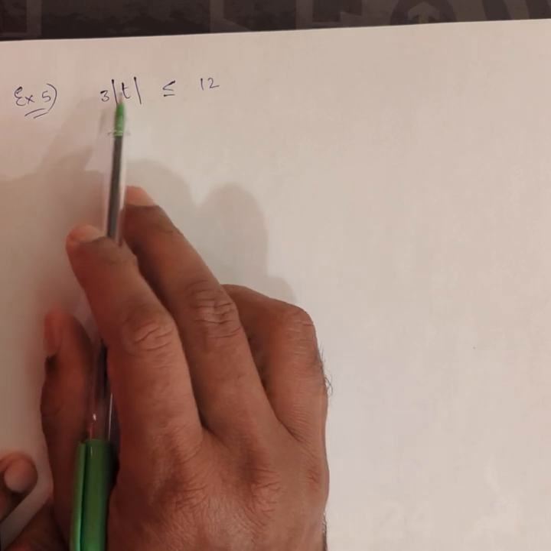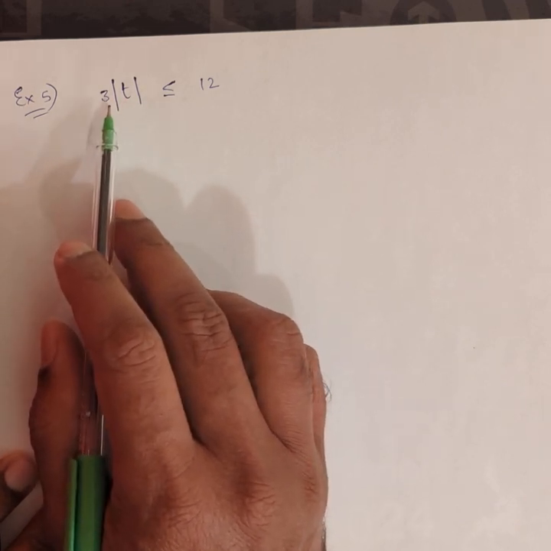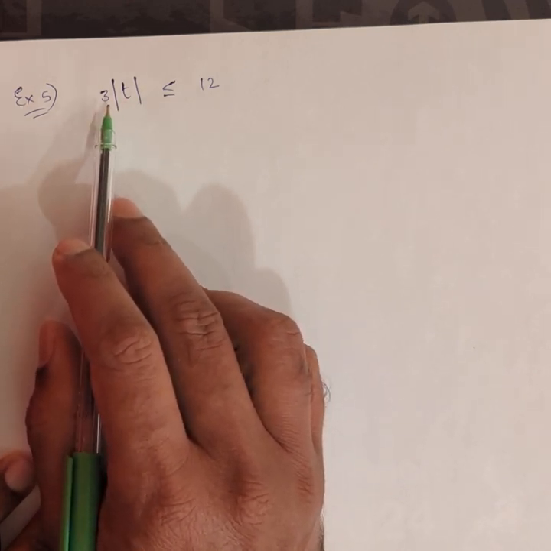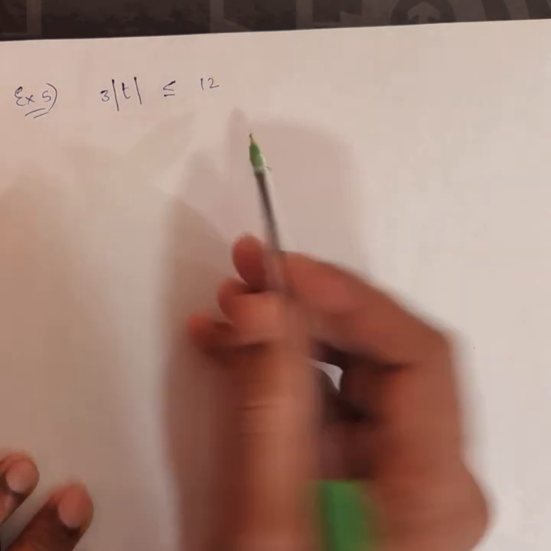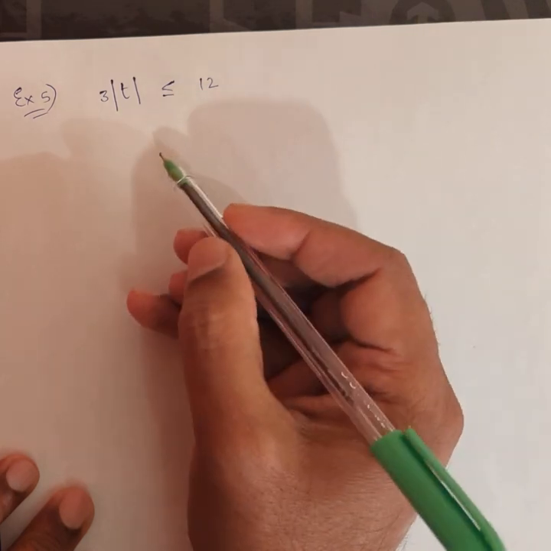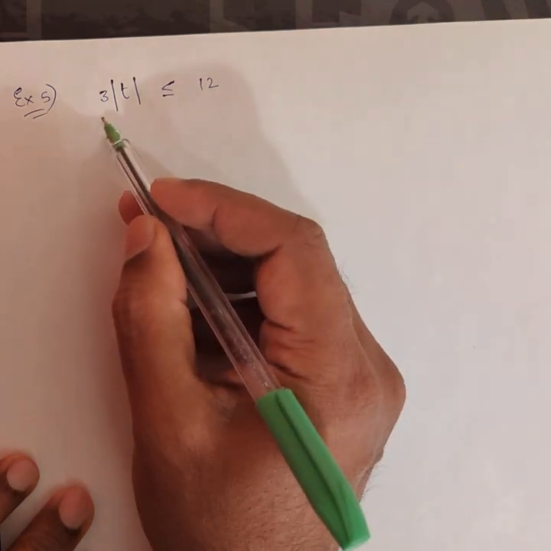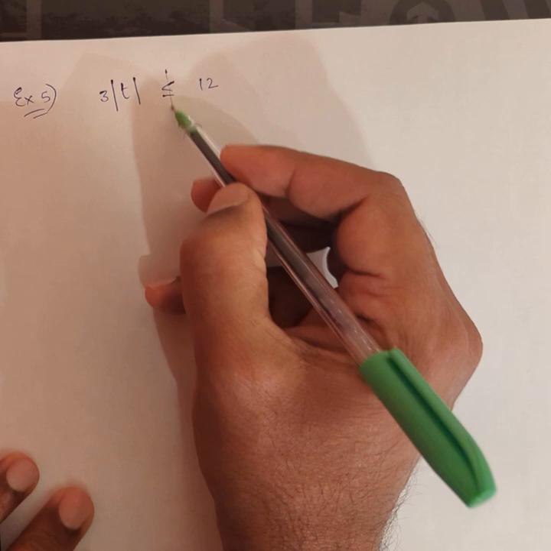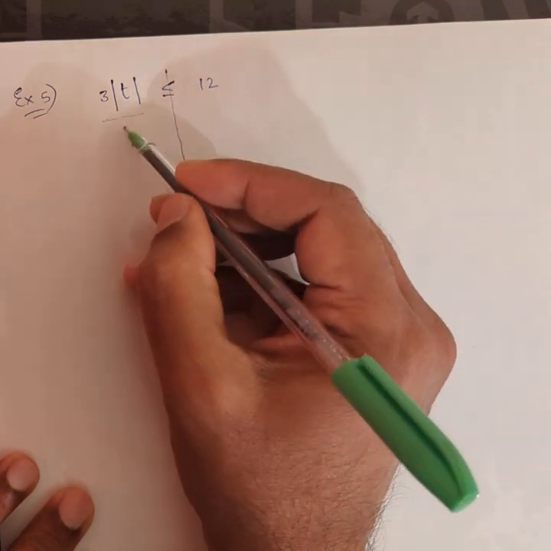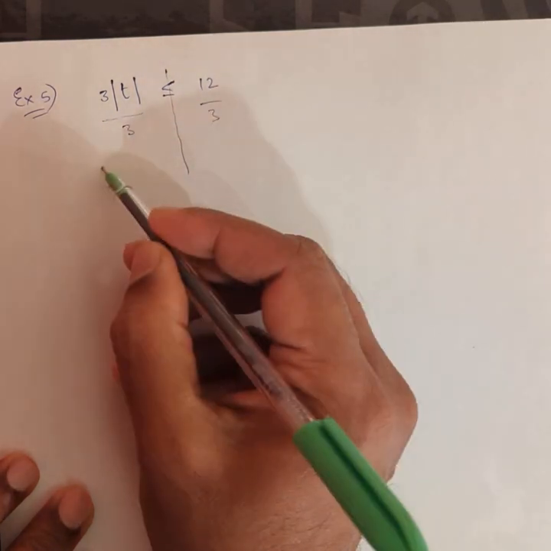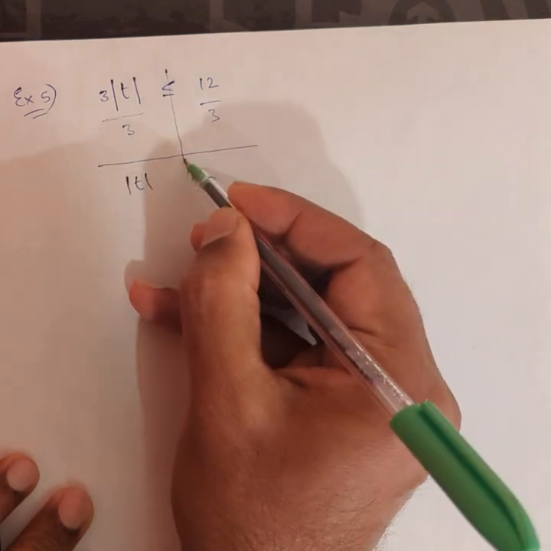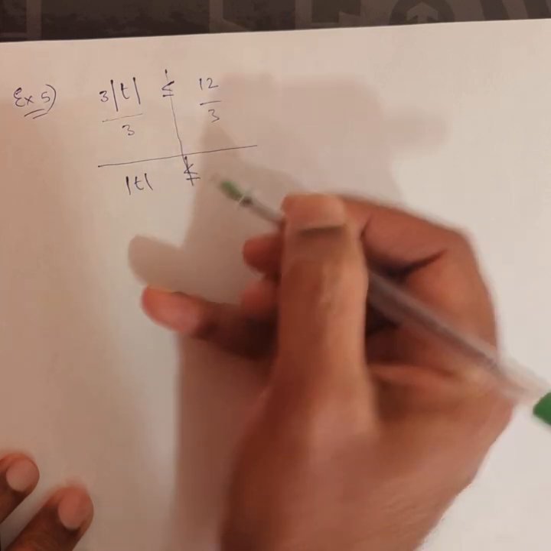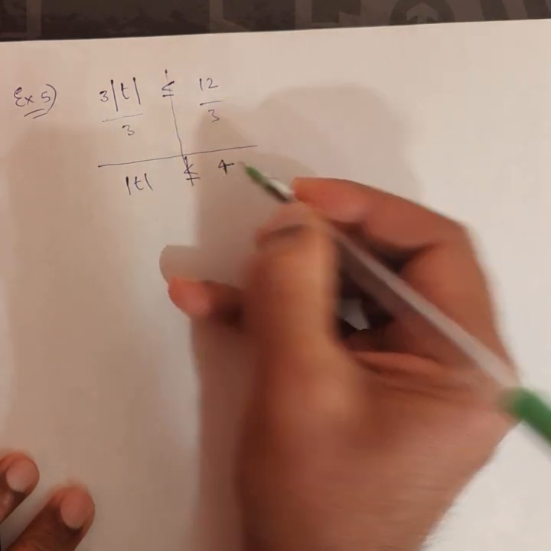We need to have just the absolute value, which means we need to get rid of this 3. And since this 3 is multiplying the absolute value of t, I'm going to divide both sides by 3. So when I divide both sides by 3, I get absolute value of t on the left, and then 12 divided by 3 is 4.